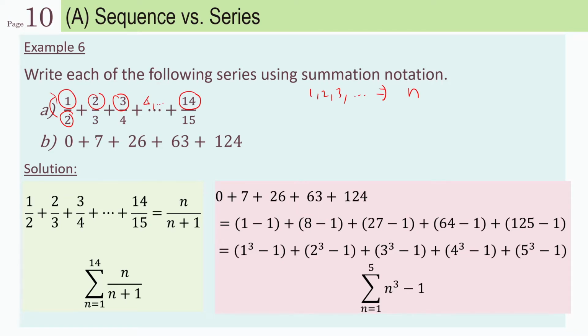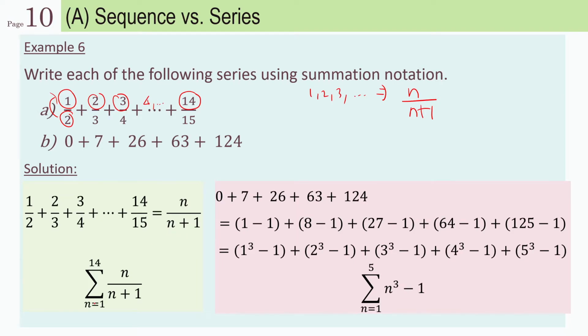So what is the relationship between 2 and 1? 2 is 1 plus 1, 3 is 2 plus 1. So you can change it into n plus 1. It means the denominator needs to be 1 more than the numerator. So generally I have n over n plus 1.